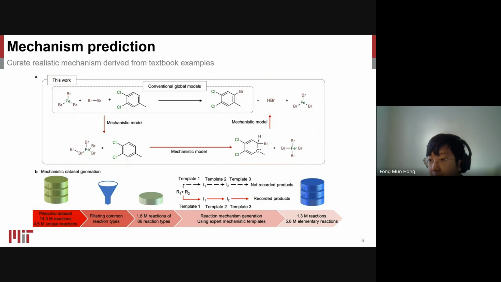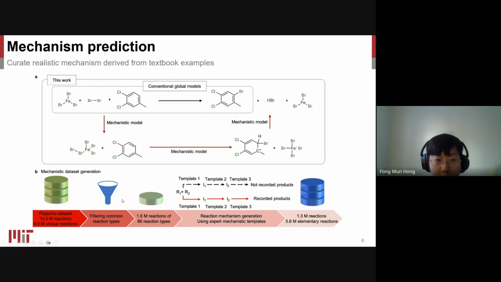So we know that we have a data set issue. We started off with a paper where we manually hard coded a lot of the textbook examples: different types of reaction, which constitute different types of elementary steps. Given a USPTO data set, we would impute the elementary steps onto the reactants so that we are able to get those intermediate steps.